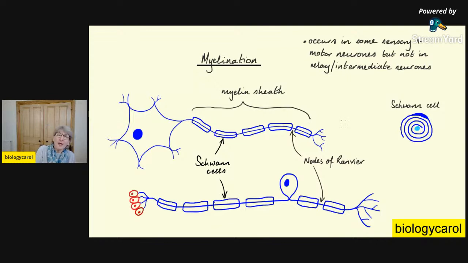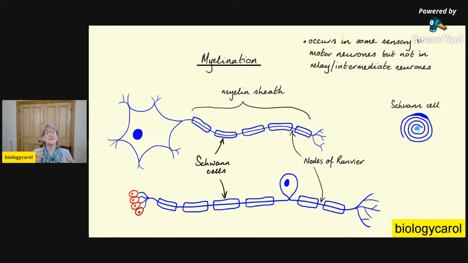And hopefully it makes sense that every part of this Schwann cell, if it's going round the axon, has cell surface membrane on the inside and cell surface membrane on the outside. And then you have multiple turns of this Swiss roll cell.